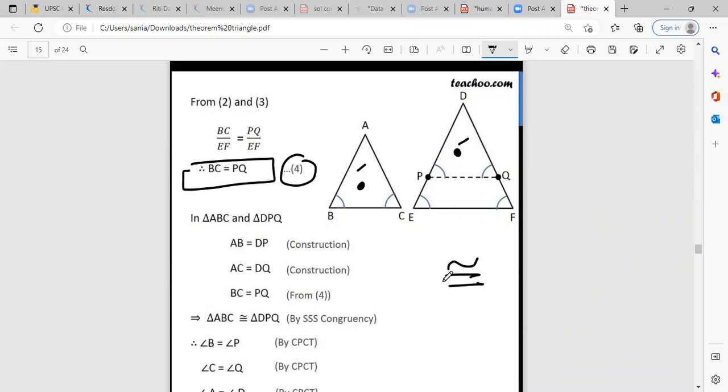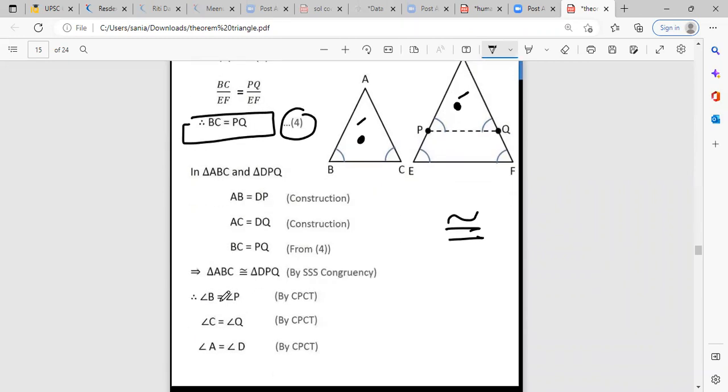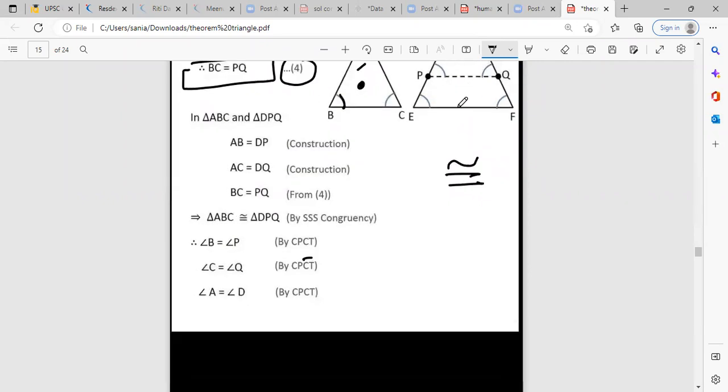So once they are congruent, now you can prove that angle B is equal to angle P. Ma'am, how? By CPCT, because these two triangles are congruent. Once you prove that any triangle is congruent, then everything is going to be the same for them. Then angle C is equal to angle Q by CPCT again, and angle A is equal to angle D by CPCT again. Clear? So all the angles of ABC are congruent to these by CPCT.